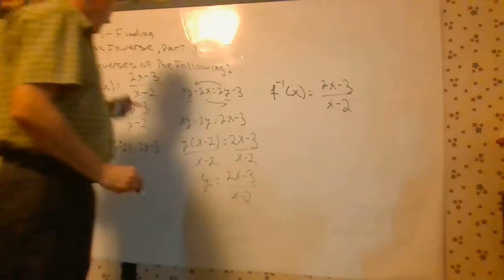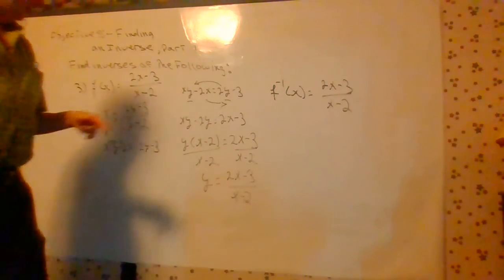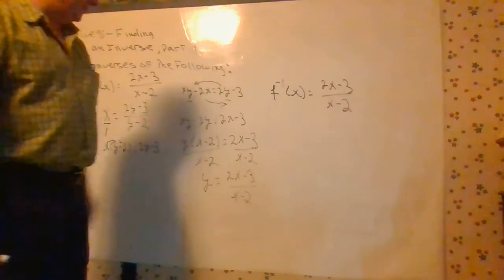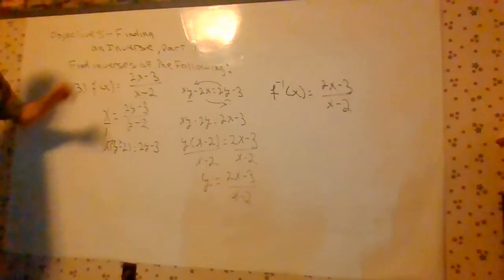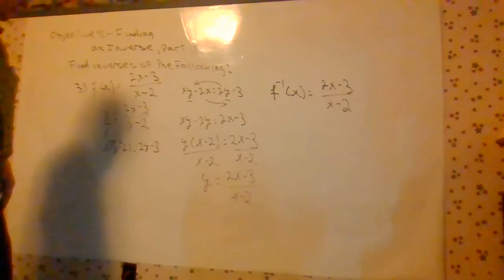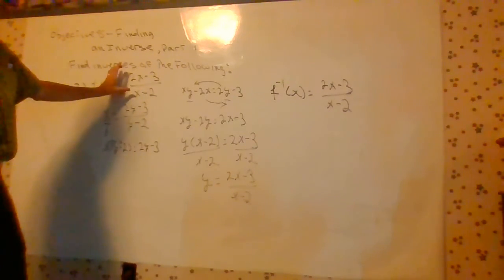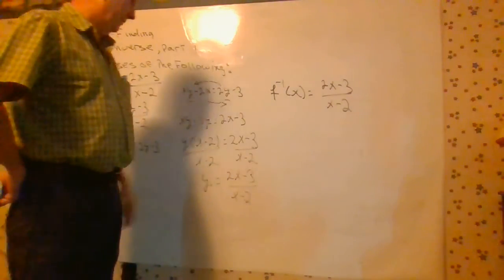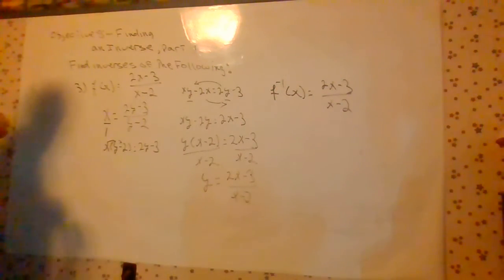This function actually is its own inverse. That happens sometimes. We'll talk a little bit about that at the end of this chapter, and then in chapter 3, we're going to graph rational functions. You'll be able to see exactly why. You could even predict this. At the end of chapter 3, you would look at this and say, aha, that function is its own inverse. It doesn't happen for all these rational functions, but it does for this.